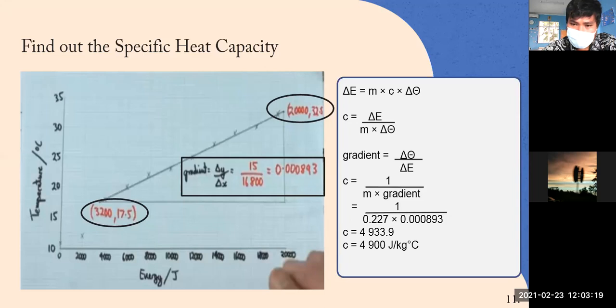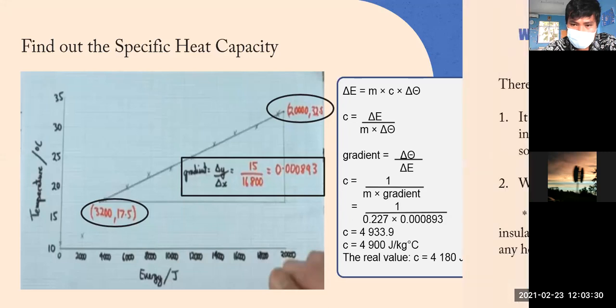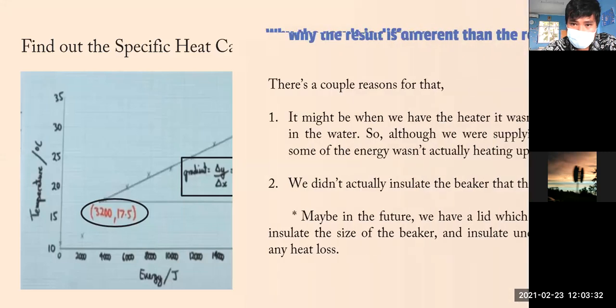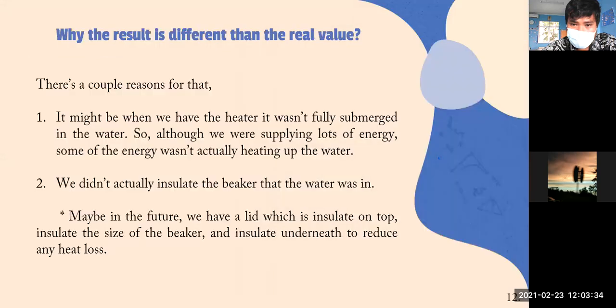The answer that we got was a bit higher than the real value. The real value for water is about 4,180 joules per kilogram degree Celsius. Why is the result different from the real value? There are a couple of reasons. First, the heater might not have been fully submerged in the water.